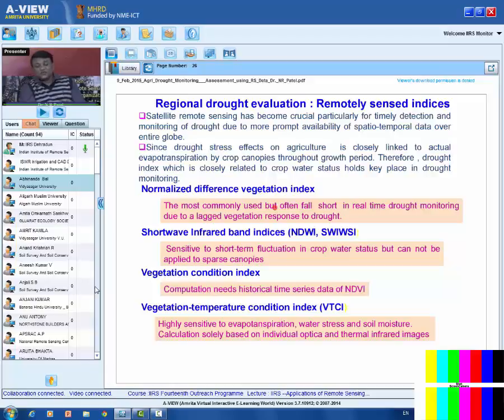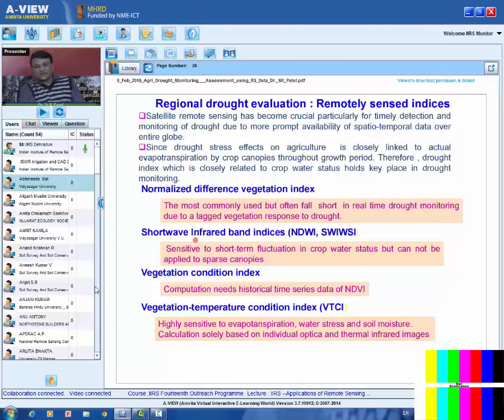Once this new growth and new leaves form, they can be detected by the remote sensor. For this process to happen, it takes almost 2 to 3 weeks to detect drought by the sensor after the wetting event takes place. So there is a time lag of 2 or 3 weeks to detect the drought with the normalized difference vegetation index.